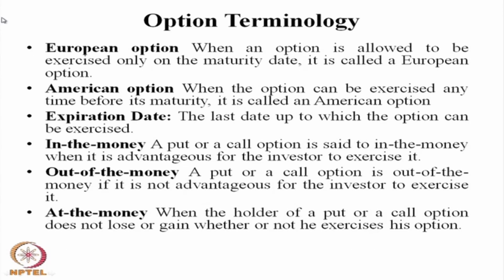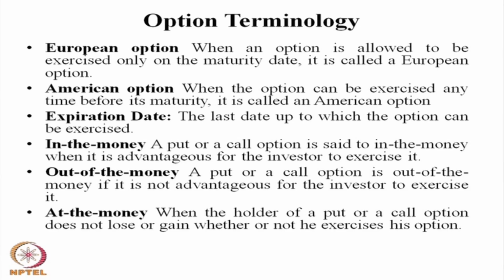Then another terminology here: European options or American options. It depends upon when you are exercising the options. In the case of European options, options can be exercised only on the maturity date. Suppose you have signed an option for 1 month, only after 1 month on the date of maturity can you exercise the option.